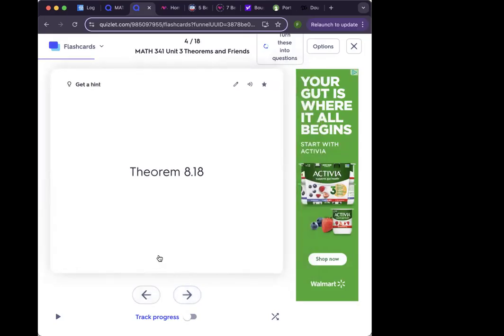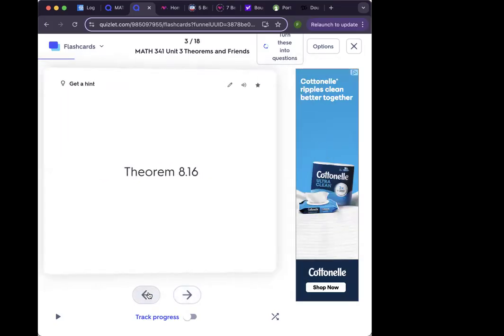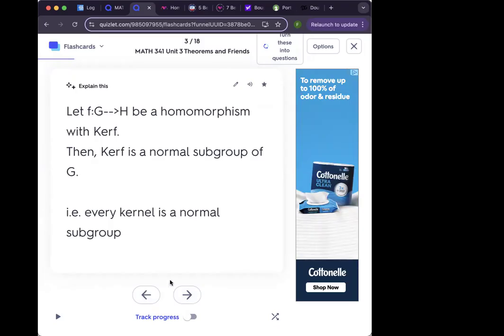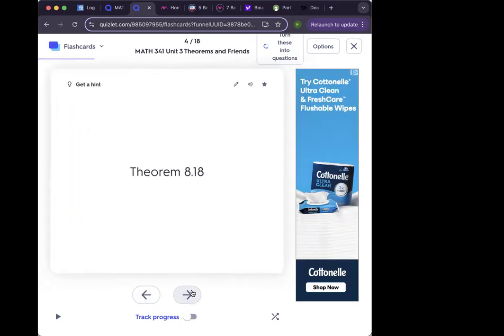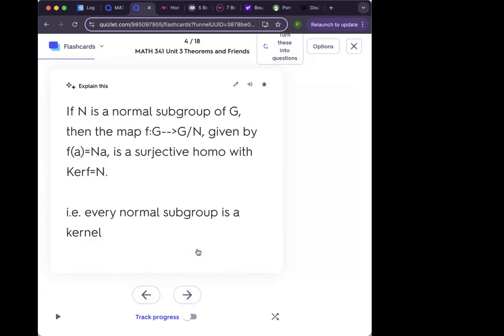This next theorem, theorem 818, is a couple of theorems after this 816, but I paired it here because it's the backwards direction of this. This one's saying every kernel is a normal subgroup of G. This one is saying every normal subgroup of G is a kernel.